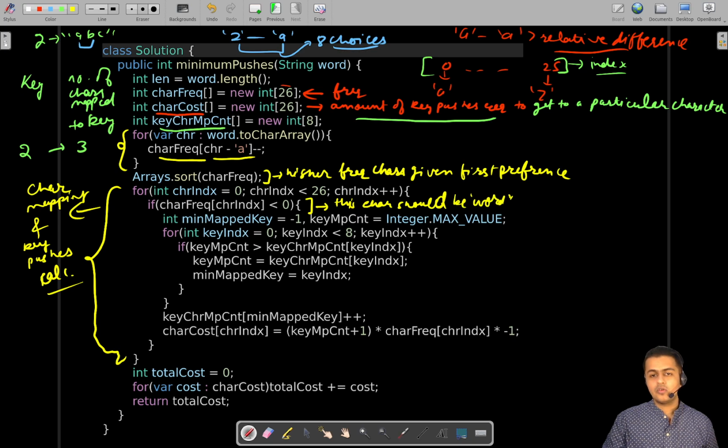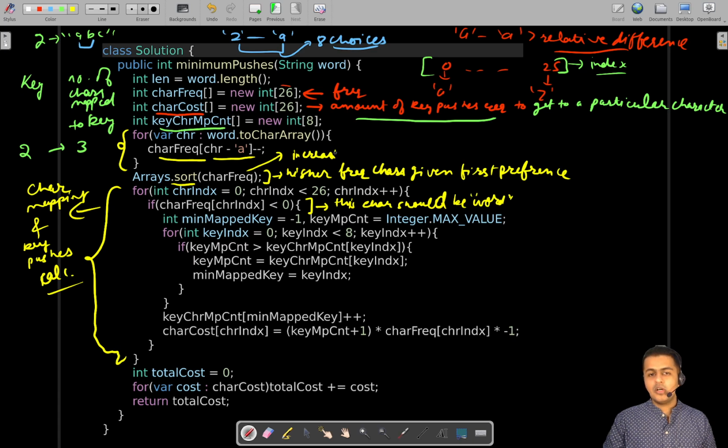If its frequency is negative, I will tell you why we are taking it as negative instead of incrementing the number of occurrences. Because by default this sort function does an increasing order sort.